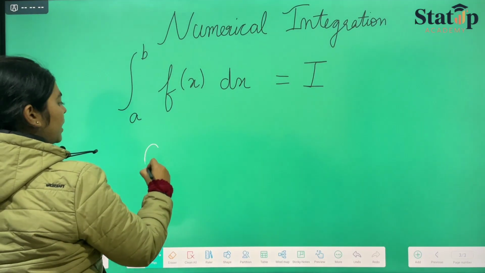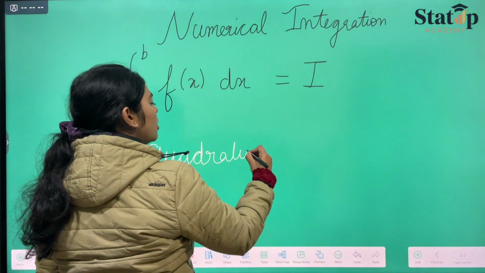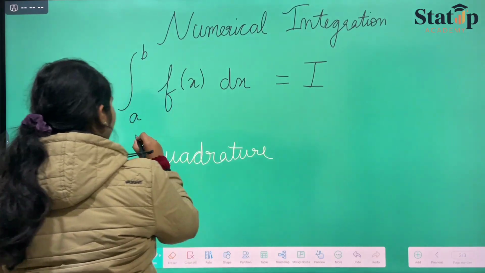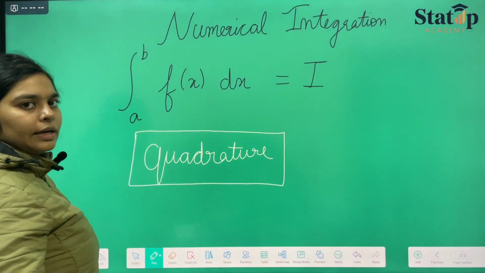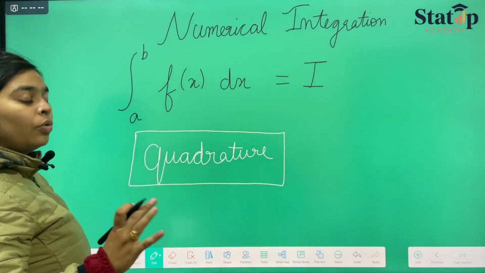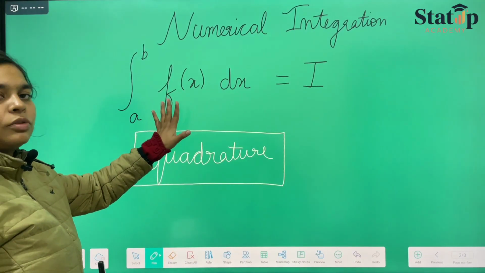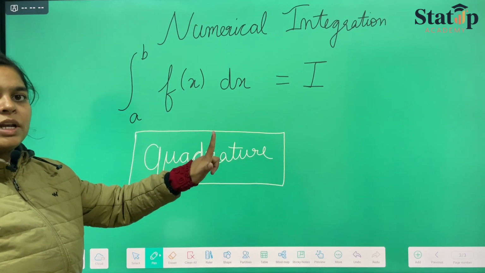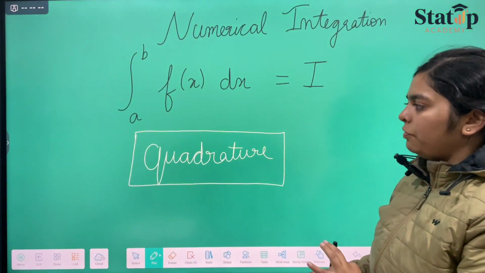And this is also known as quadrature. What is meant by quadrature? Quadrature means we are integrating a function of only one variable. Here we are integrating a function of only one variable x. That means we are doing a quadrature form of integration.